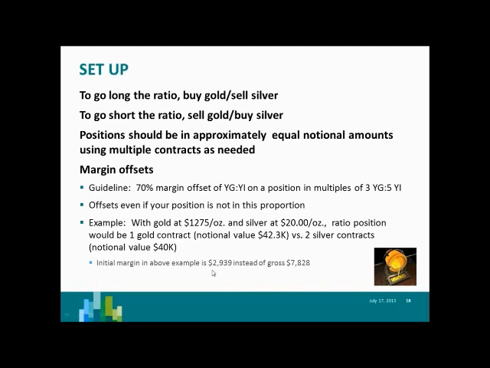The initial margin for having one gold contract on and 2 silver contracts on is less than $3,000 instead of the nearly $8,000 for the gross position. So, I think that's one of the most important takeaways that we will discuss today.